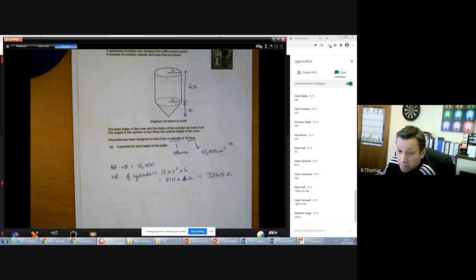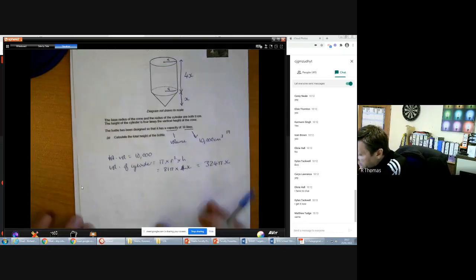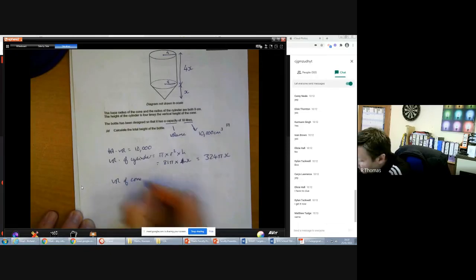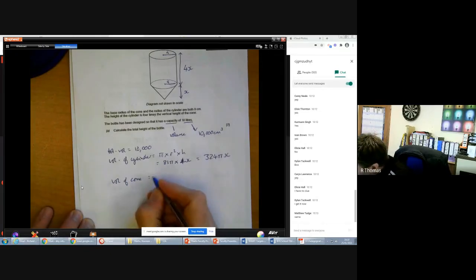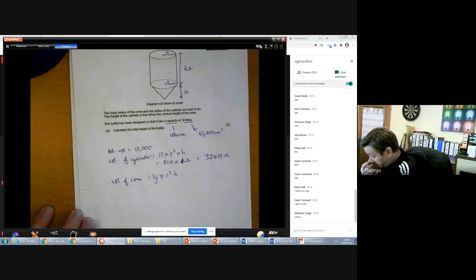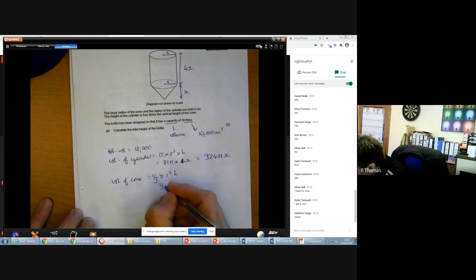Right, well done for staying with me. Now let's have a look at the cone. The volume of the cone, and don't forget, they give you this formula. It's 1/3 pi r squared h. Now, let's chuck in our numbers then. So that's 1/3 times pi r squared, 9 squared is 81, times by this height, which we've called x.